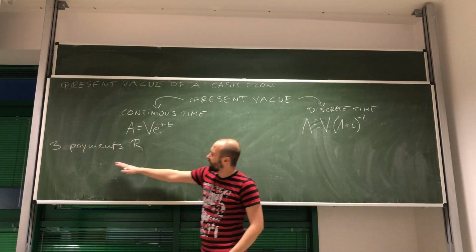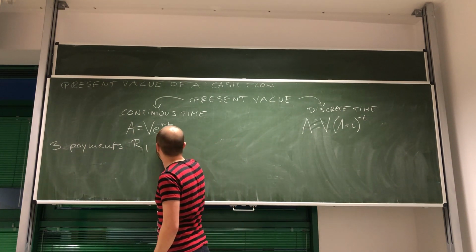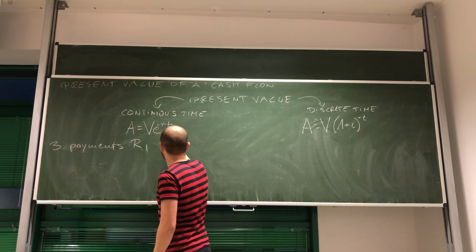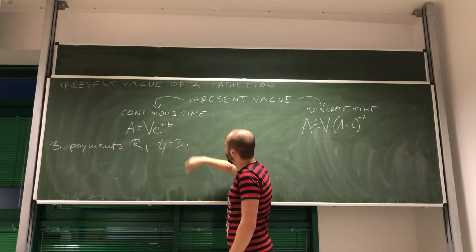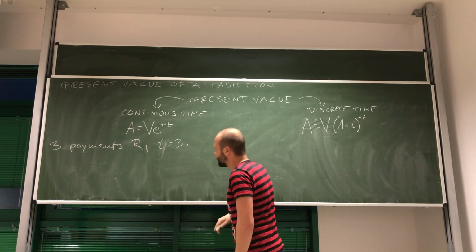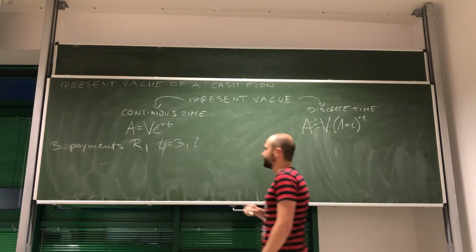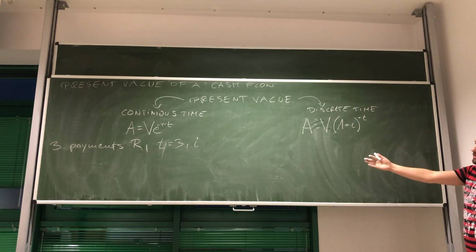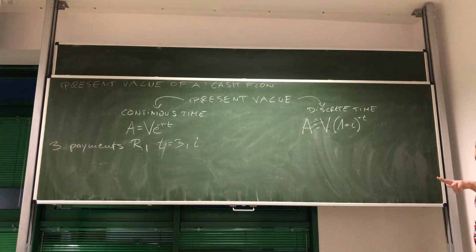Okay, so we are promised to get 3 revenue streams over 3 consecutive years, so time equals 3, and finally the interest rate we are using for discounting is equal to i. Okay, so what will be the present value of these 3 payments? Well, we can easily calculate it.